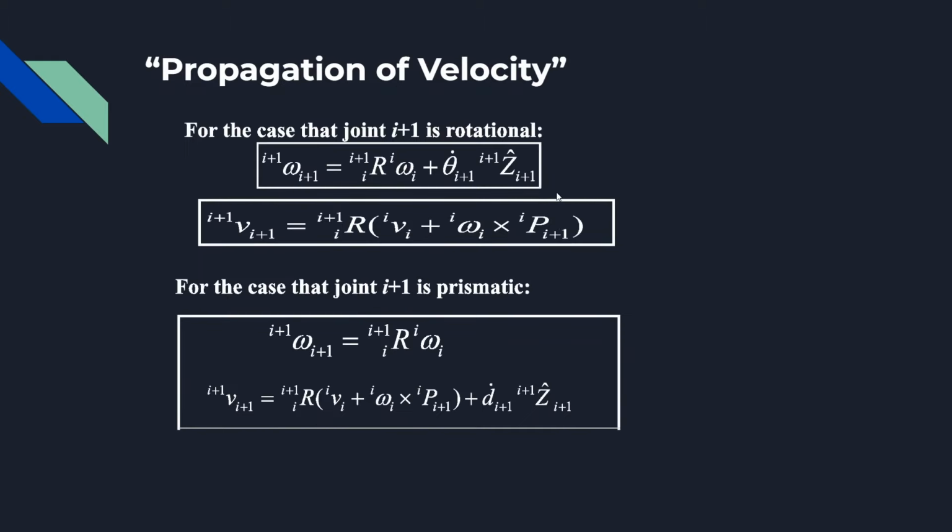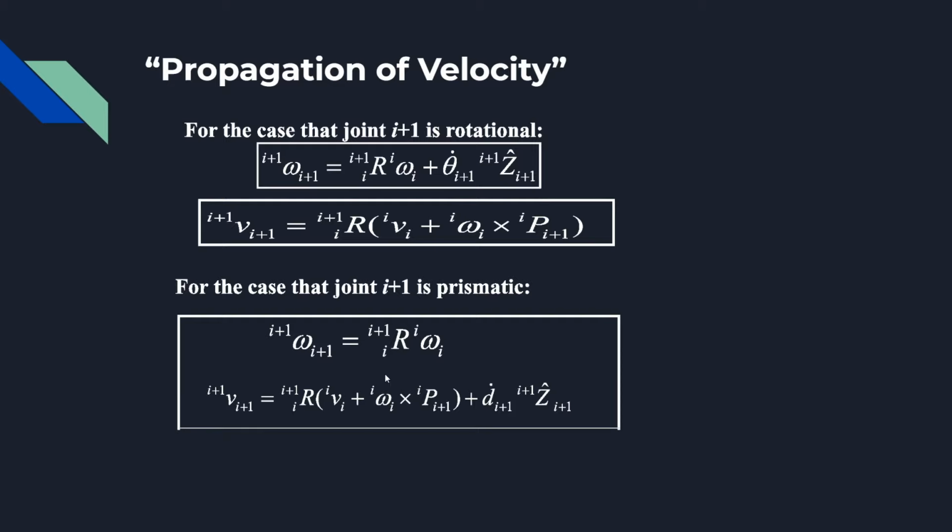Apart from that, if we couldn't go through that method, we'd use something called propagation of velocity, where we'd start from the absolute base frame, see what the velocity is for each and every single joint, and we'd see, okay, the first joint moves by 5 meters per second, which causes the second joint to also move at 5 meters per second, but the second joint itself is moving by 10 meters per second, which causes the third joint to move at 15 meters per second, and so on and so forth.